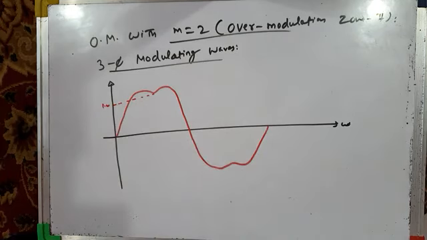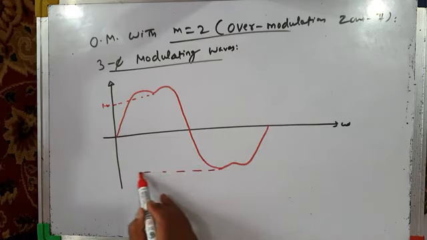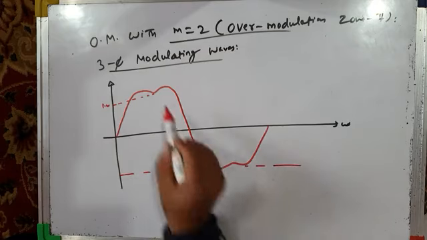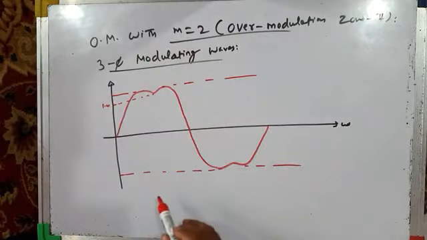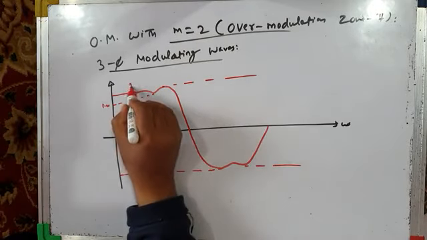This is one. And this is over-modulation. Here m is equal to 2. This is mr star.